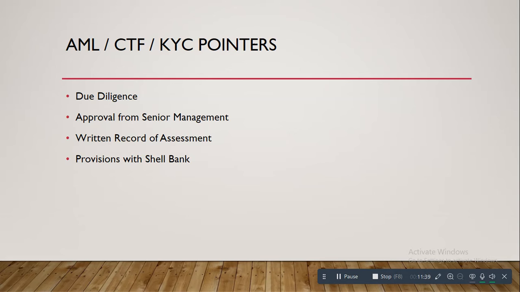Whenever there is a correspondent banking relationship to begin with, if a bank B comes as a respondent bank to you, due diligence from the correspondent bank's end is a must. They must go through everything to ensure that the relationship they are getting with another bank is 100% secure, so they must do proper due diligence about the respondent bank.